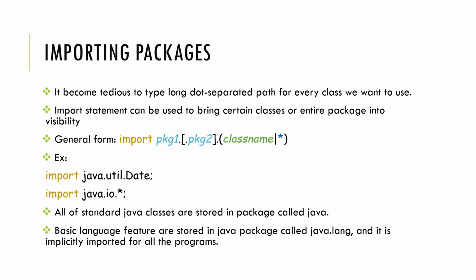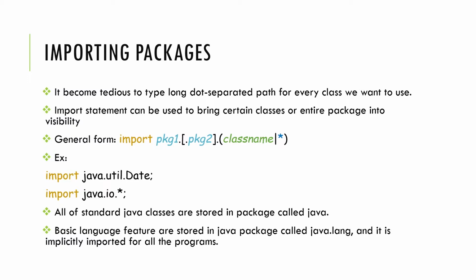Moving to importing packages, it becomes tedious to type the long dot separated path for every class we want to use. So the import statement can be used to bring certain classes or the entire package into visibility. Its general form is import package1.package2.classname or asterisk. Here package1 and package2 are the packages that we define, and if we type the class name after that, then this class is imported, and if we type asterisk, then all the classes in the last package are imported.